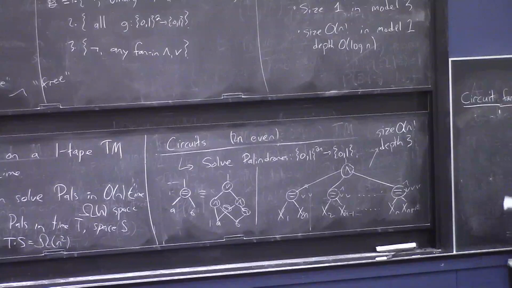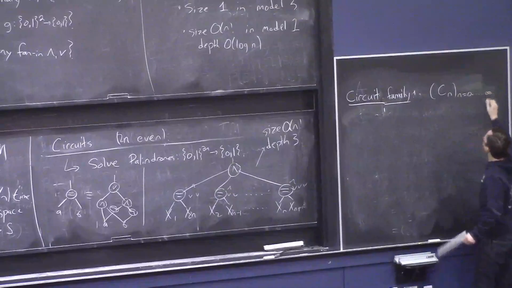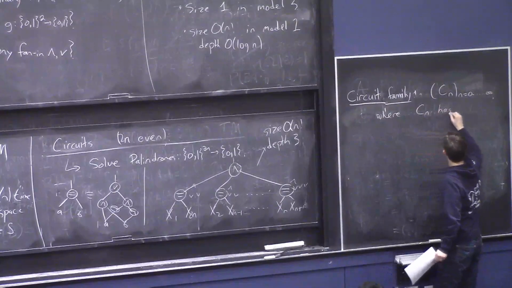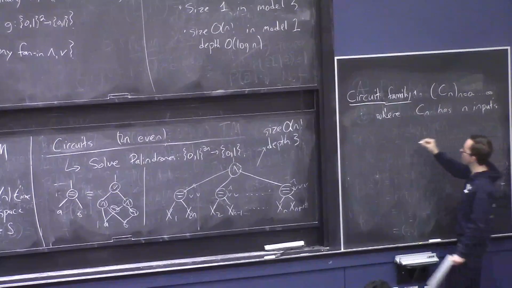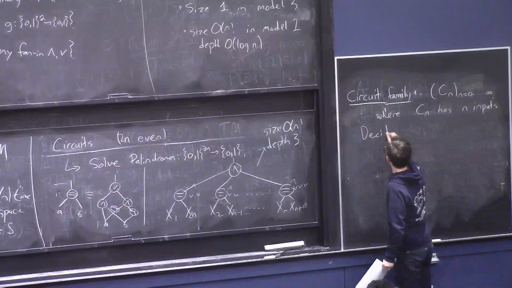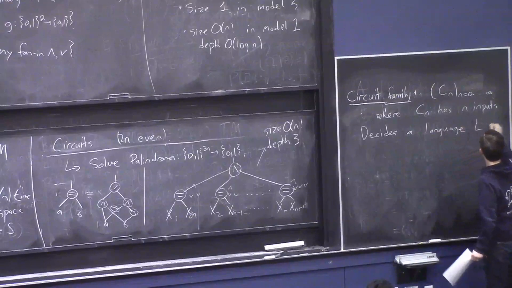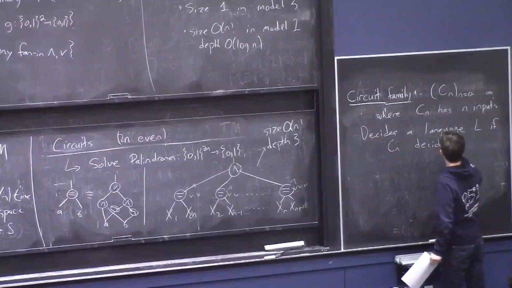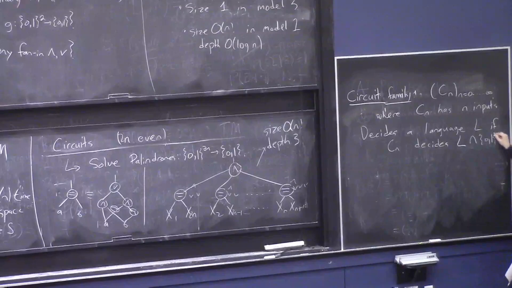And a circuit family is nothing more than a bunch of circuits, one for each input length, where Cn has n inputs. And such a circuit family decides a language L, or a problem L, if the nth circuit decides the language on length n strings.